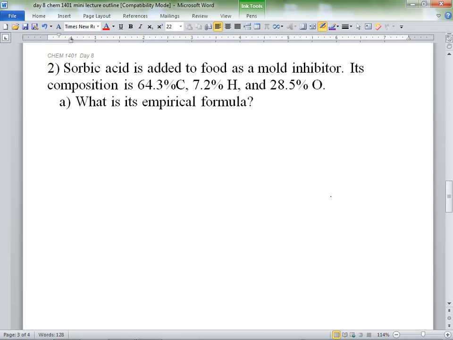Oh, you divide through by the smallest, right? The common mistake. To get the simplest ratio, you have to divide through by the smallest. All right, so your smallest is going to be this one.